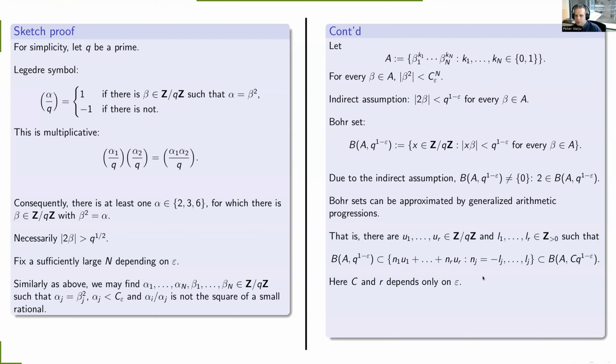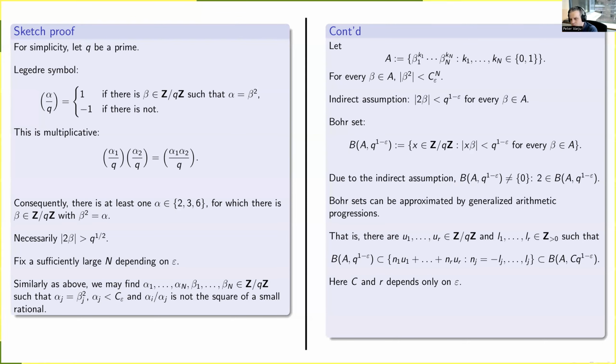So think about this as a box. And what will happen is that this box covers the Bohr set. On the other hand, if you increase the radius of the Bohr set a little bit by some constant factor, then this is going to cover the generalized arithmetic progression. So this is a standard result in additive combinatorics.